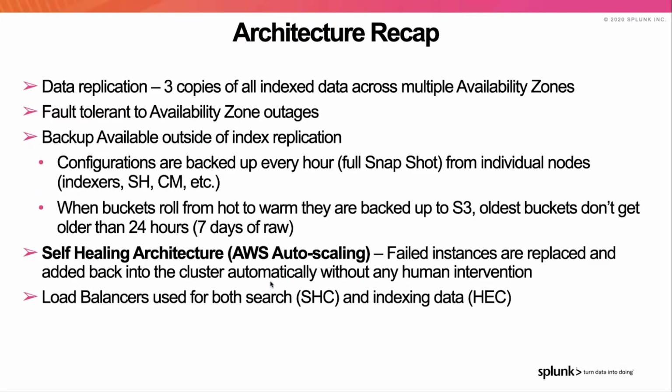So, just to give you a bit of a recap of what we discussed in terms of the architecture and really why the Splunk Cloud architecture is so robust and, a lot of the time, so much better than what a customer might want to deploy in their own on premises because of cost or actual deployment time. Now, first of all, we have data replication. Because we have those clustered indexes, we copy the data 3 times across all of those indexes.